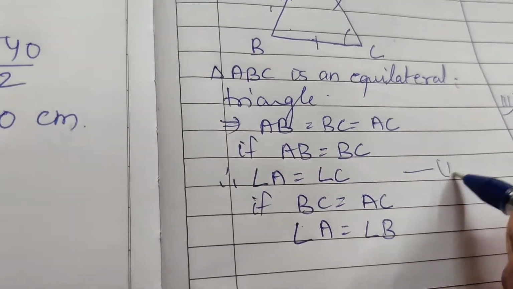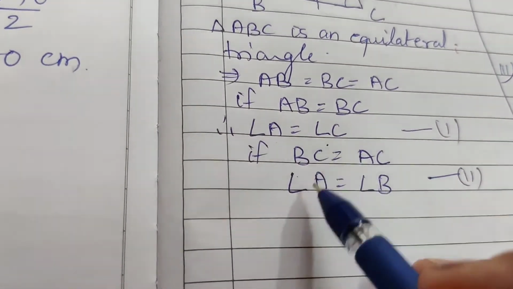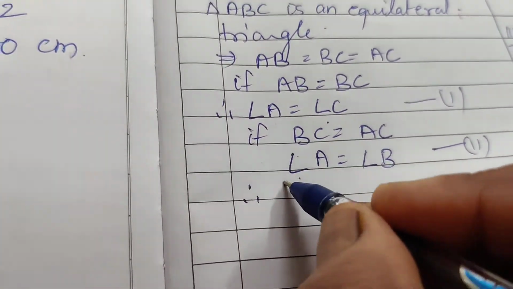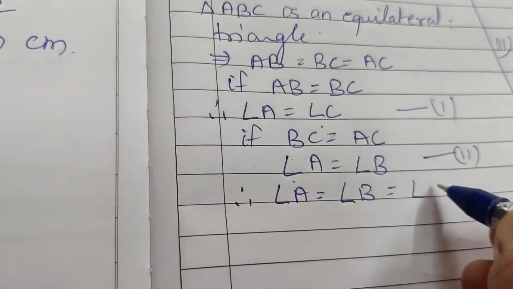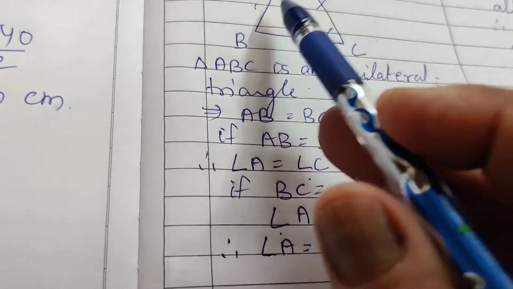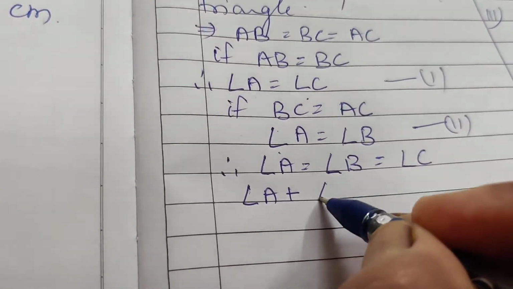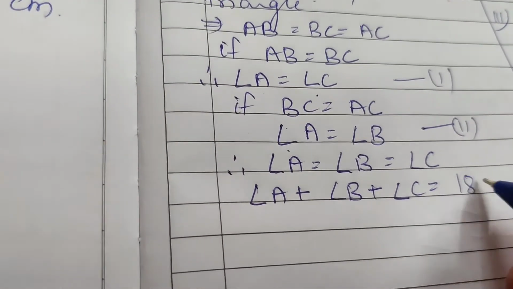This is first and second. If angle A equal to angle C, and angle A equal to angle B, therefore angle A equal to angle B equal to angle C. These three angles are equal. By the triangle sum property, angle A plus angle B plus angle C equal to 180 degree.